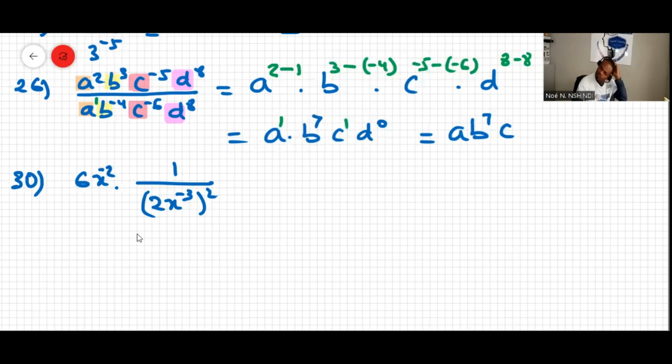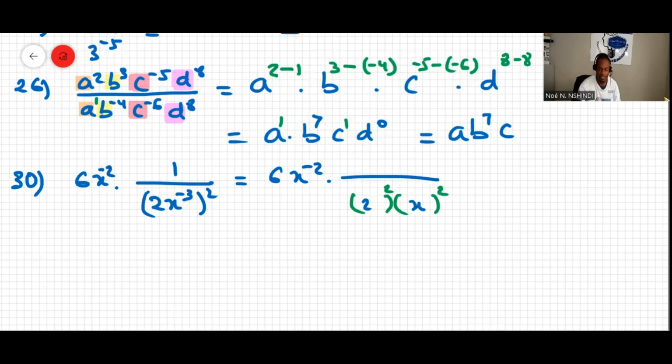Now this can be written as 6x to the negative 2 multiplied by, at the denominator here, 2 to the power of 2, and then x to the negative 3 to the power of 2, under 1.